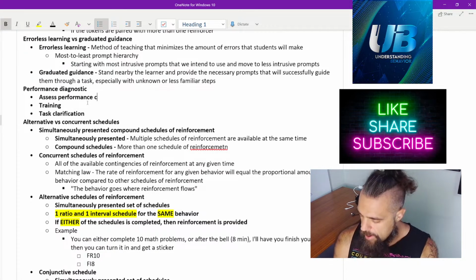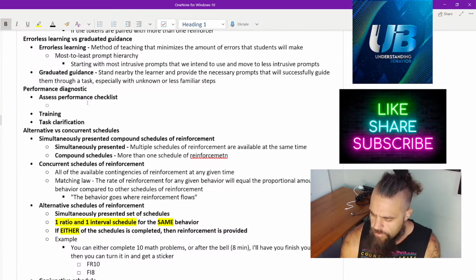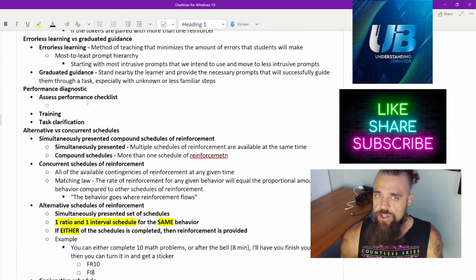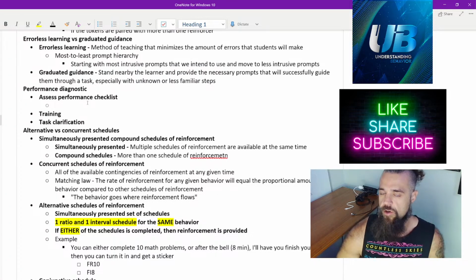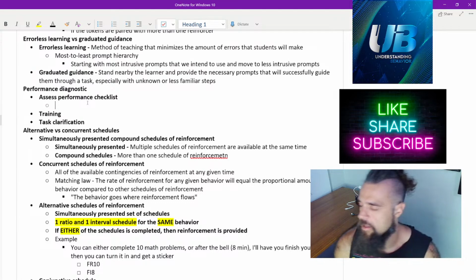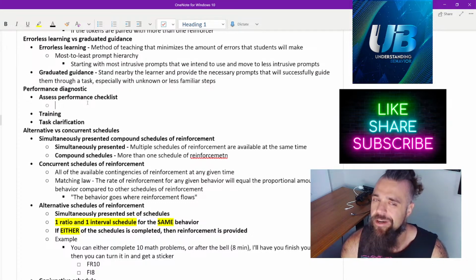Again, we're more on the OBM side. You might be using part of this because as a BCBA, your main function is supervision of your behavior technicians in most roles. So it is good to get familiar with how to analyze performance and how to perfect performance, or at least improve performance to the best reasonable rates.